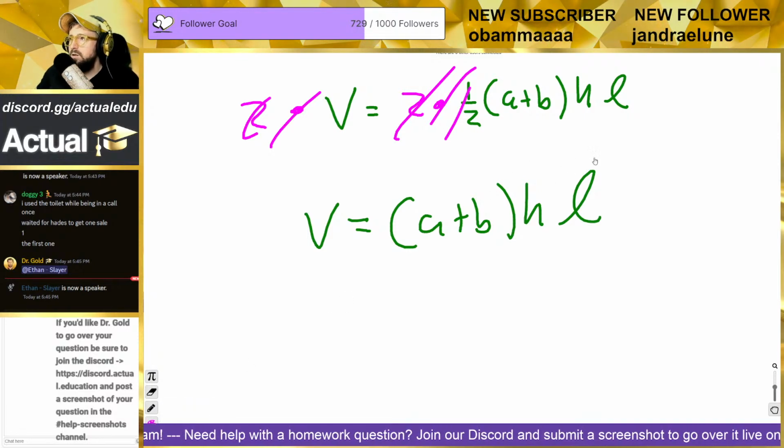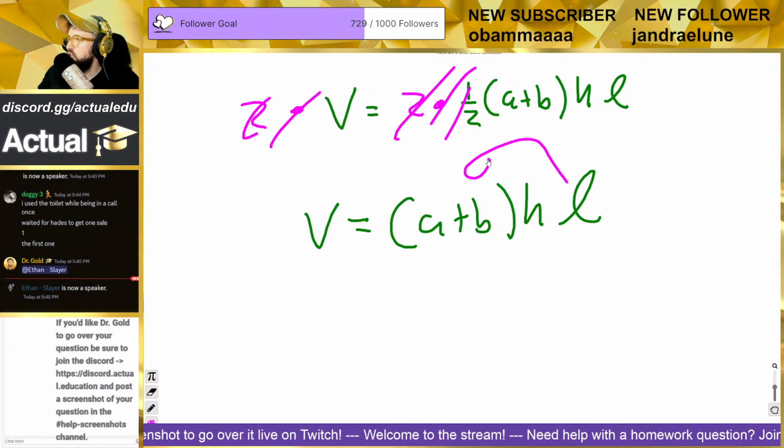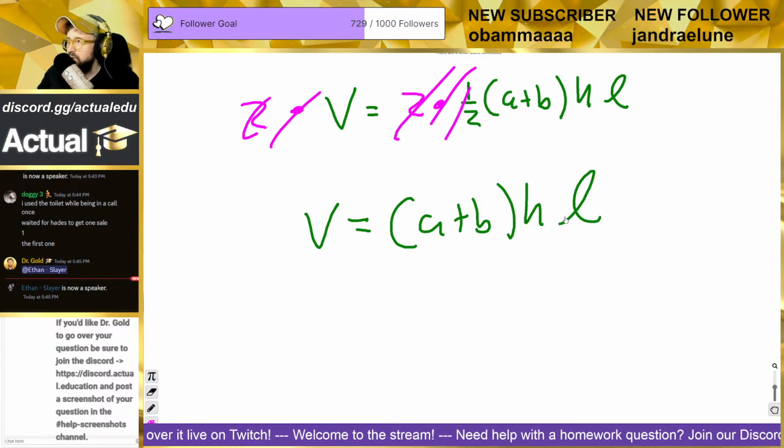You could distribute this in, and that's totally legal if you want to, but it would make things messier, because remember, we're just trying to get to this, right? So instead of distributing this and making a whole mess, let's just attack stuff on the outside, right? What's the stuff we're trying to get rid of?